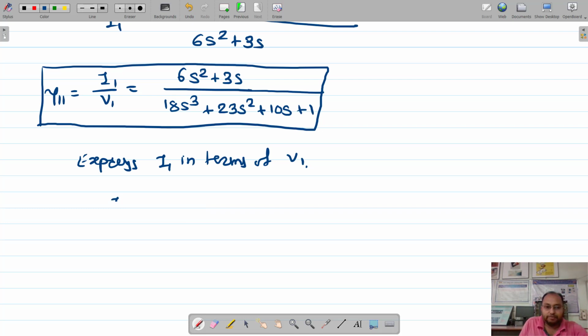Okay, so for that purpose we are going to write I1 by transferring that V1 to the right hand side.